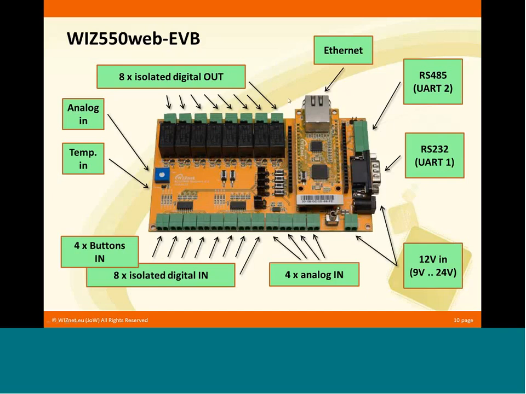And last but not least, of course, the Ethernet interface. Here you see the W5500, a QFP 48-pin package. You see it's just 7 by 7 millimeters, a quite tiny little interface chip, and the 25 megahertz crystal for the Ethernet.